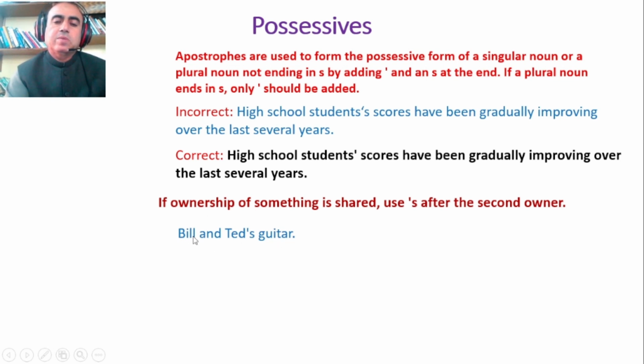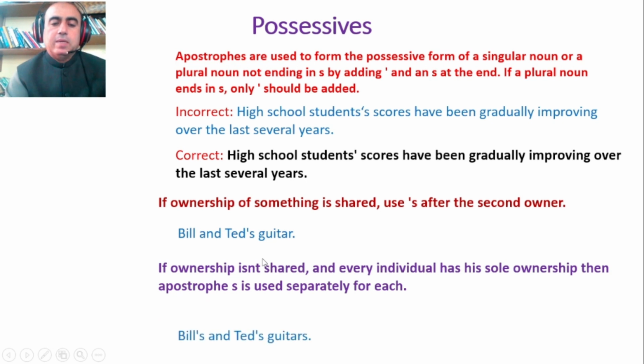It can be put with both, meaning Bill's and Ted's, if they have guitars separately, like Bill's and Ted's guitars. Here it means there is more than one guitar and there are two people, one is Bill, the other is Ted. So a separate apostrophe means they have guitars of their own. These guitars are not shared. In the other case, there is one guitar that is shared by Bill and Ted, but the apostrophe s is with the closer noun, the one closer to guitar.